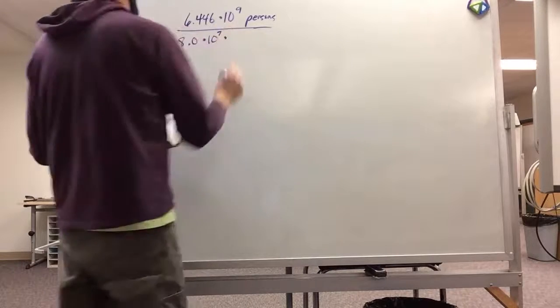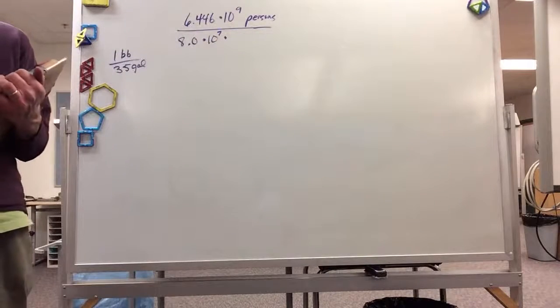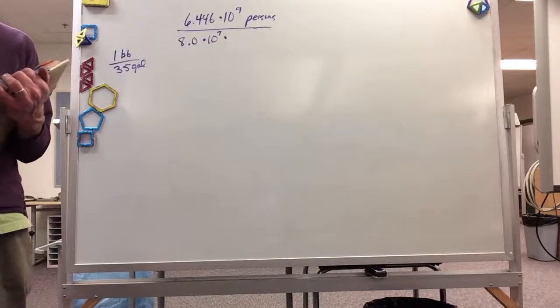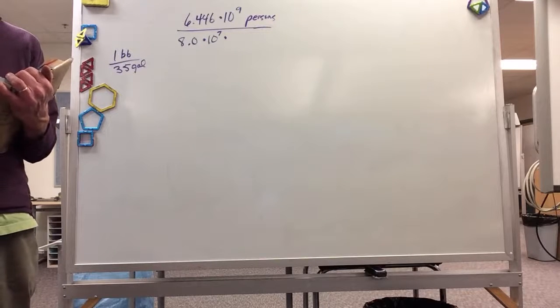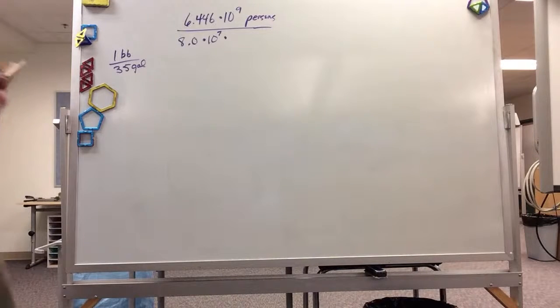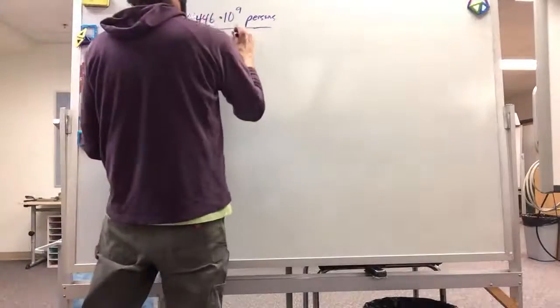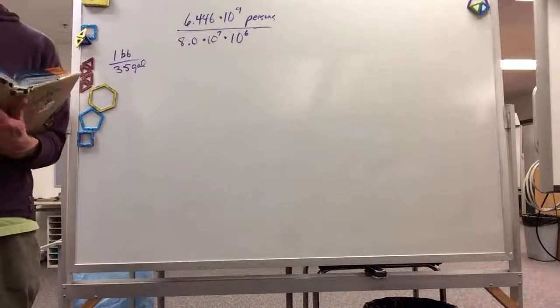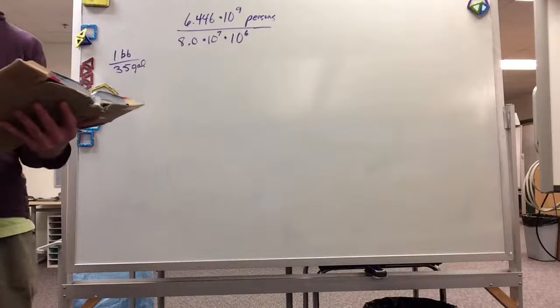Then we have to go times 10 to what power for a million? What is a million in terms of 10 to the power of? 6. 9 is billion, 6 is millions, and 3 is thousands.